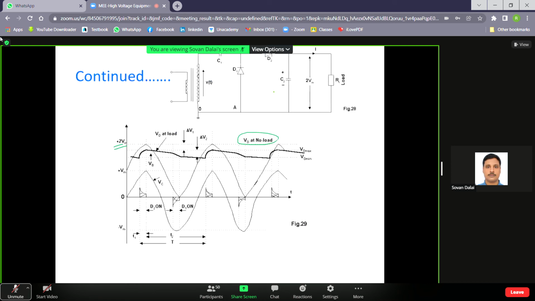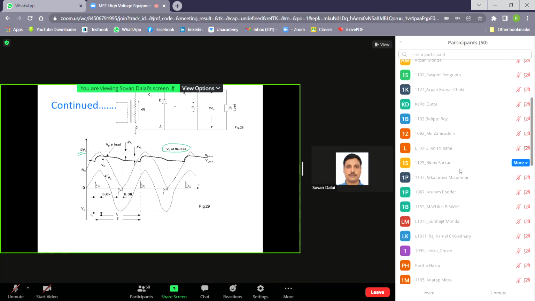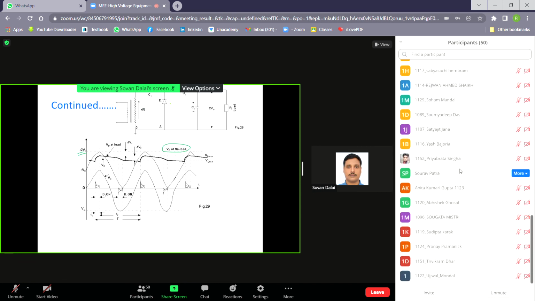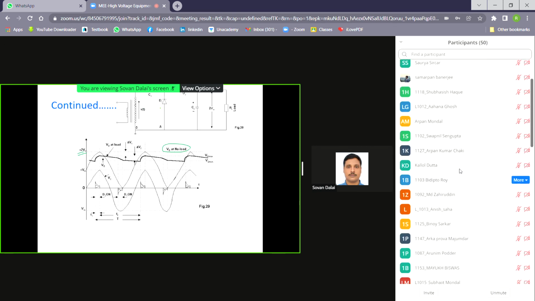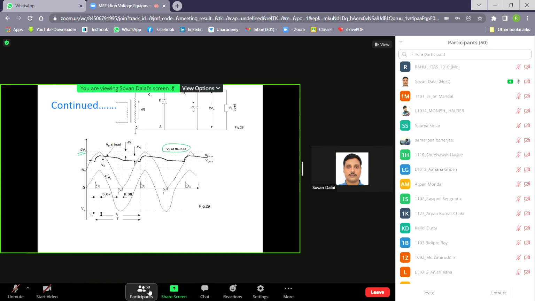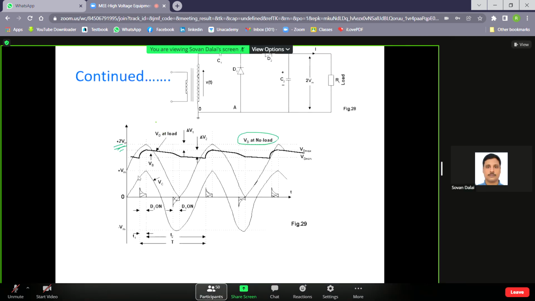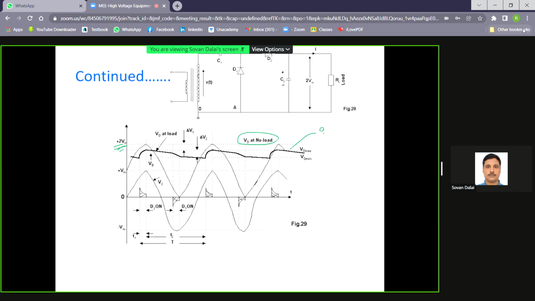That D point potential is no longer equal to twice Vm, because if this generator supplies a load current I to the load, then output voltage will never reach the value twice Vm, and there will also be a ripple on the output voltage. This line is the output voltage at loaded condition.